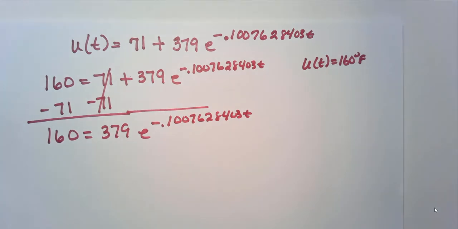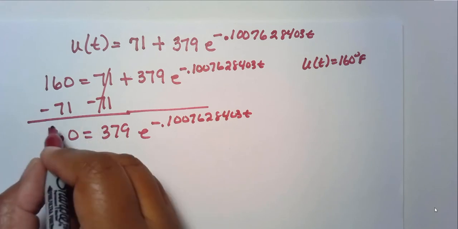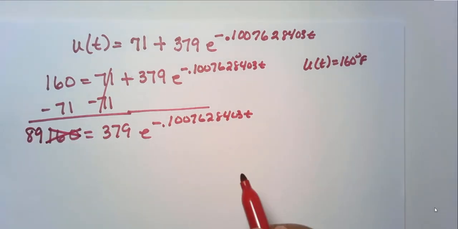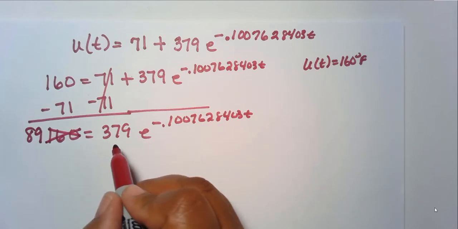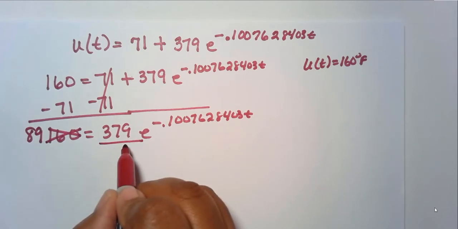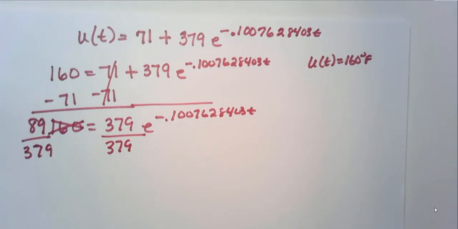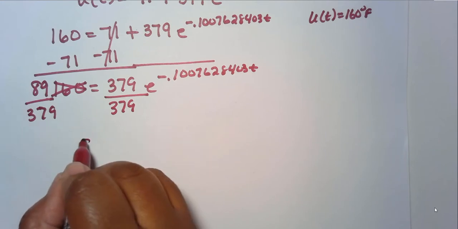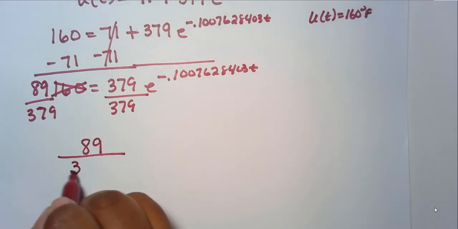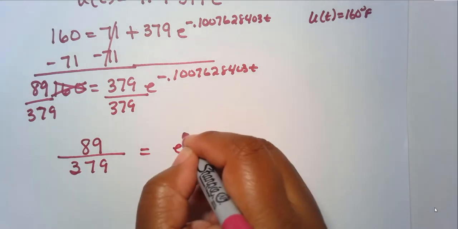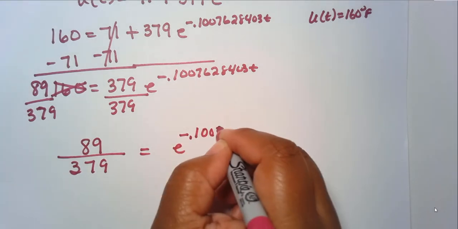Oops, sorry about that. 160 minus 71, that's 89. I'm writing too fast here. So divide by 379. So we have 89 over 379 is equal to e to the negative 0.1 and keep going.